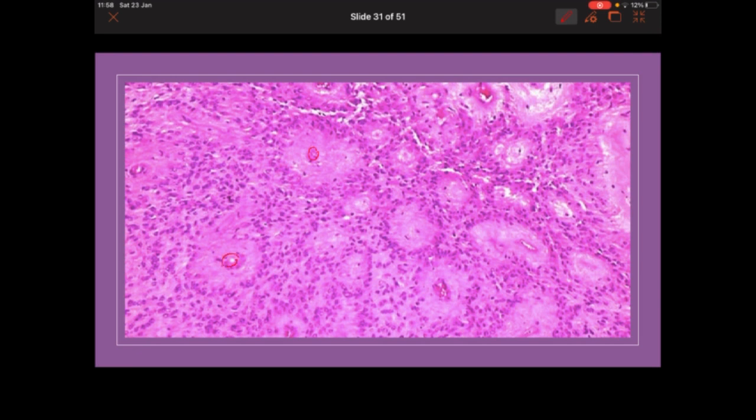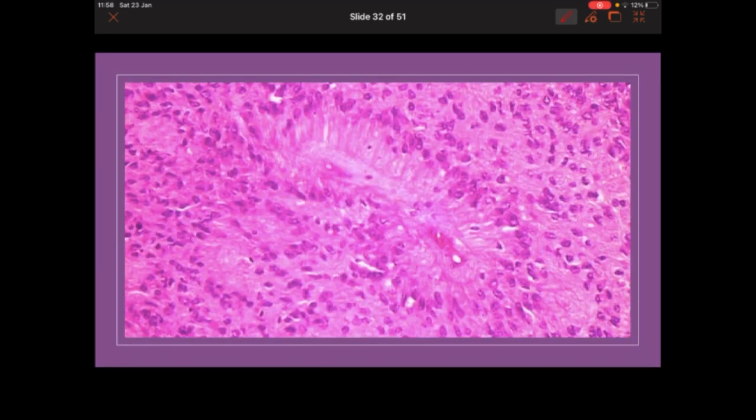Sorry that this picture looks a little faded, but even though it's not so sharp, you can appreciate that this is a pseudorosette because there are many blood vessels, all surrounded by tumor cells, and in between the tumor cells and the blood vessels there is an anucleated zone.